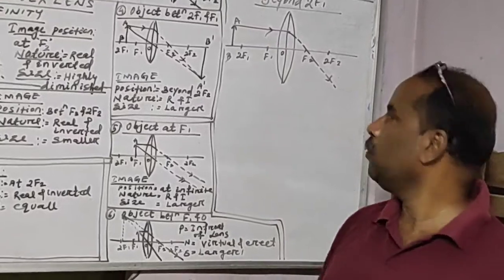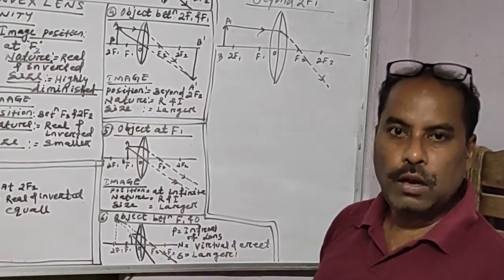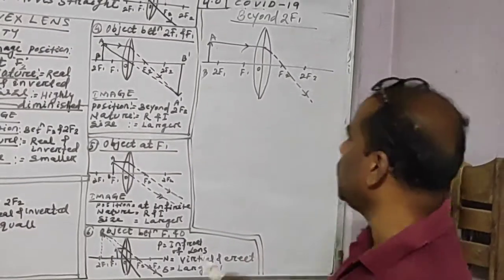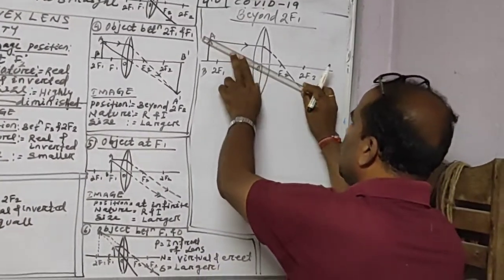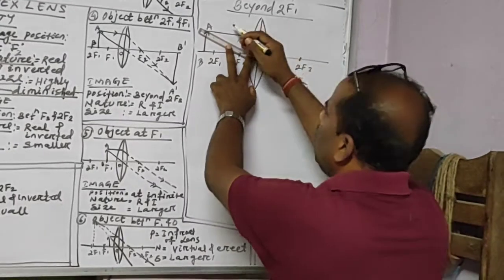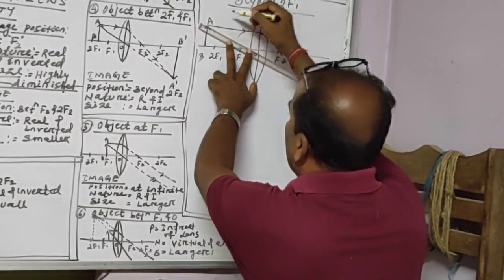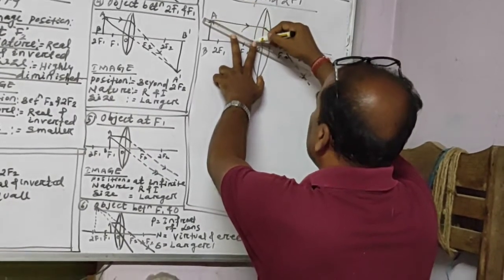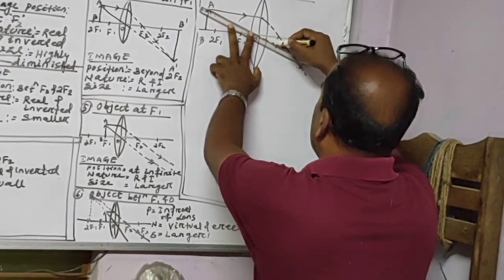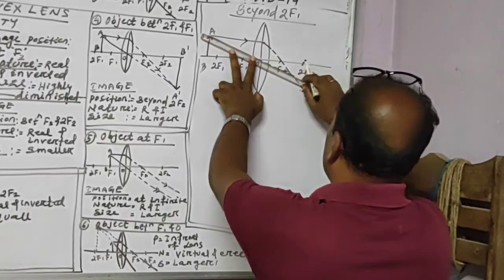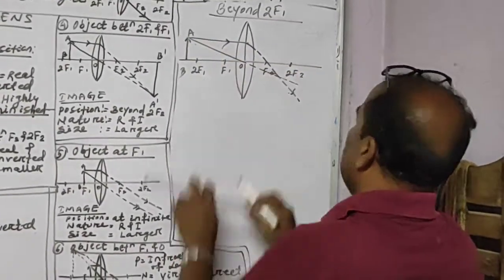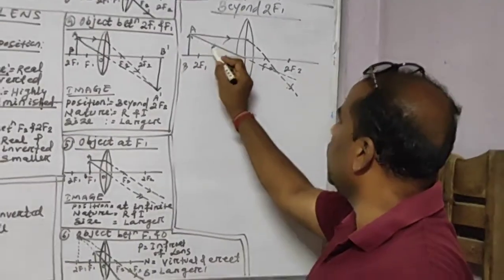Now another ray we can take through the f1 or through the optical center. Very simple is the optical center. You can join this to this and throw it. Suppose I am drawing here, so you can see the optical center, then we will take it like that. So this is the second ray now coming.